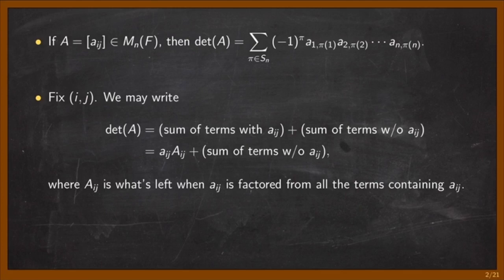The thing that's left when we factor out aij, which we denote by capital Aij, is what we call the cofactor of the entry aij.